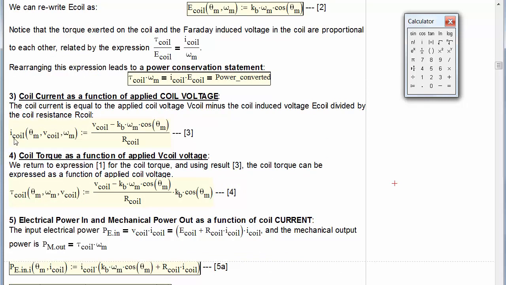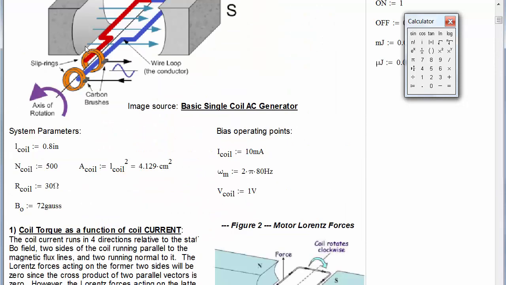The current that flows through the coil is simply the voltage across the coil resistance divided by that coil resistance. The voltage across the resistance is the total externally applied voltage V coil, the voltage literally between the red and the blue, the two orange rings here.